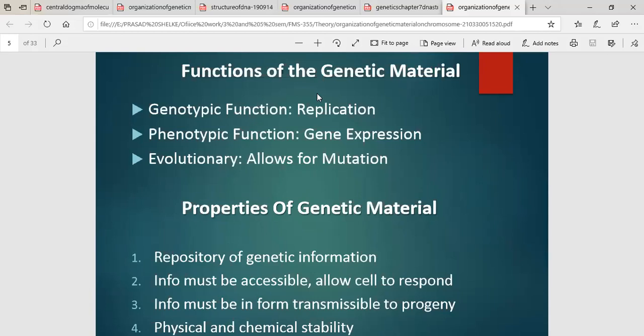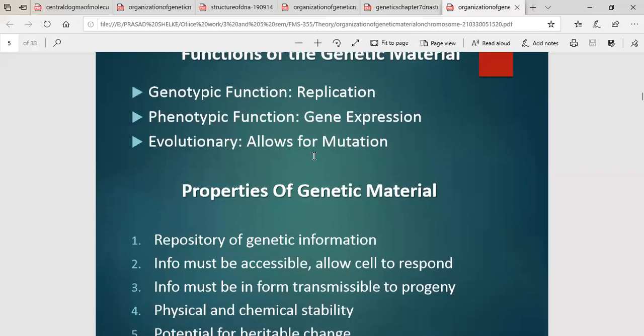A property of genetic material is that it is a repository of genetic information, an inherited molecule, because all the characters and phenotypes of an individual are the ultimate result of this genetic information.